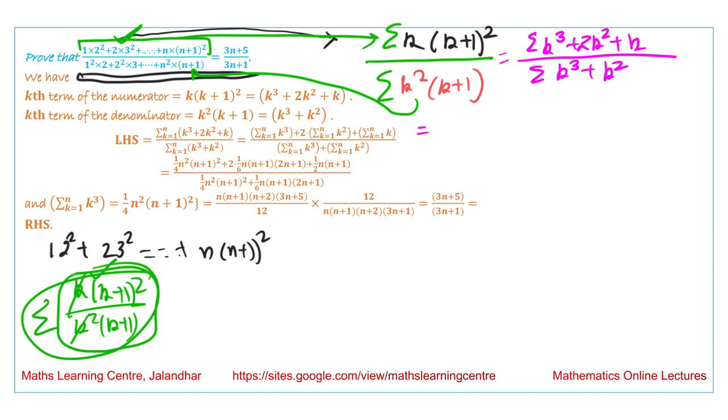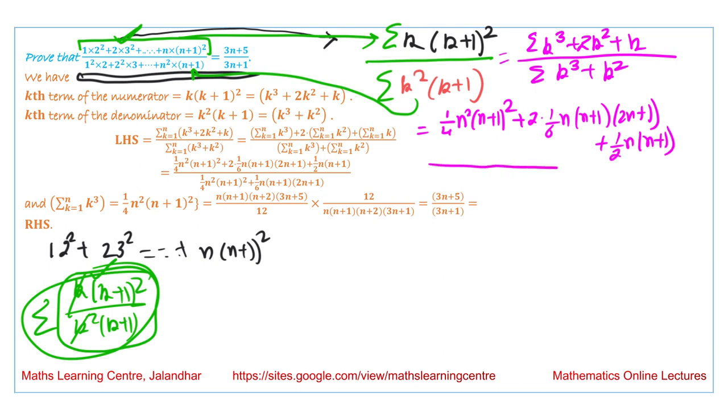The sum of k cube is 1 by 4 n square into n plus 1 square, plus 2 into 1 by 6 n into n plus 1 into 2n plus 1, and last the sum of k, 1 by 2 n into n plus 1, divided by the sum of k cube, 1 by 4 n square into n plus 1 square, plus 1 by 6 n into n plus 1 into 2n plus 1.